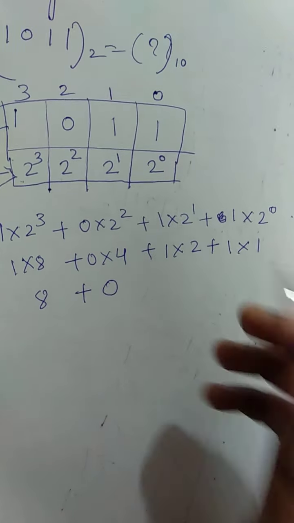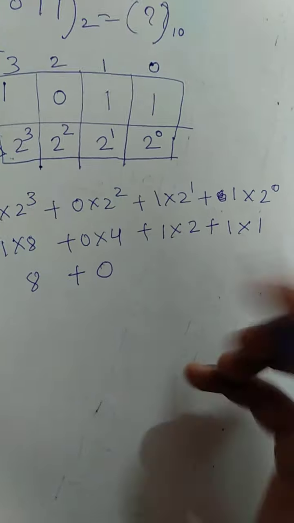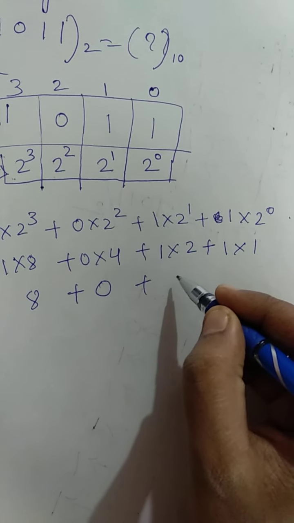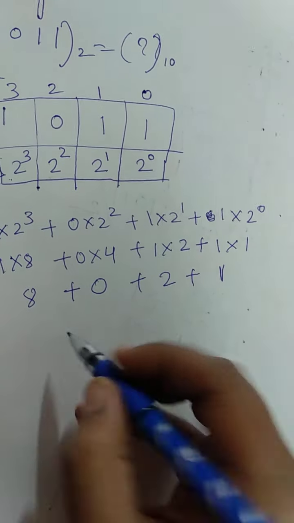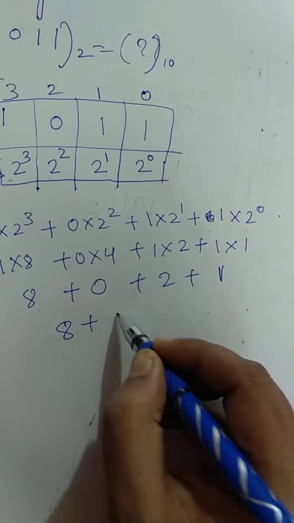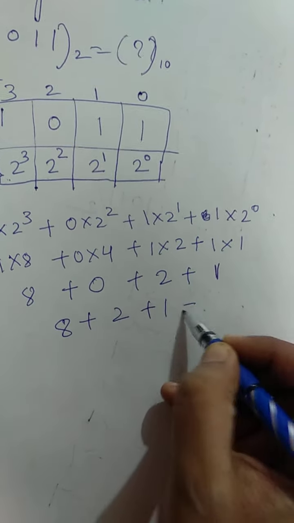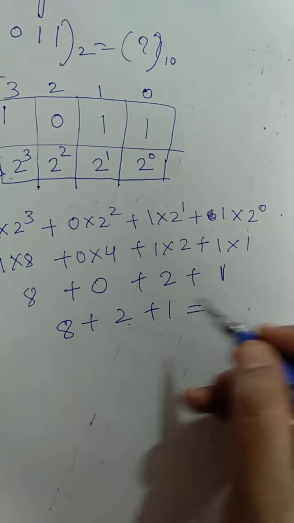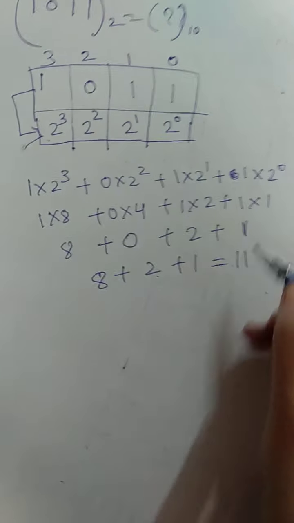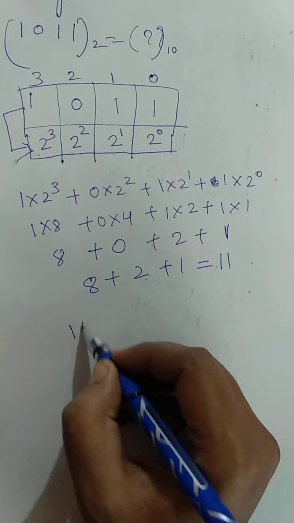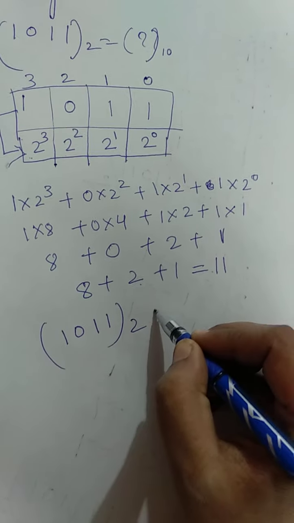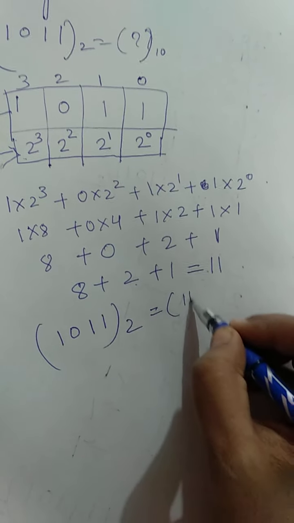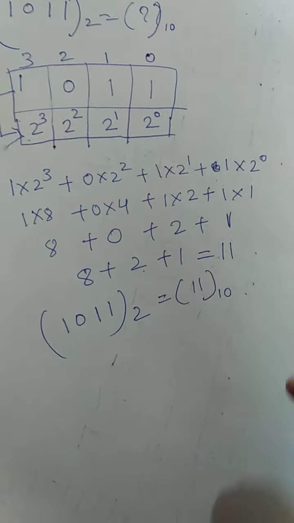If you multiply any number with 0, it will be 0. 1 into 2 is 2, plus 1 into 1 is 1. So the answer: 8 plus 2 is 10, 10 plus 1 is 11. So the binary 1, 0, 1, 1 base 2 is equal to 11 base 10.